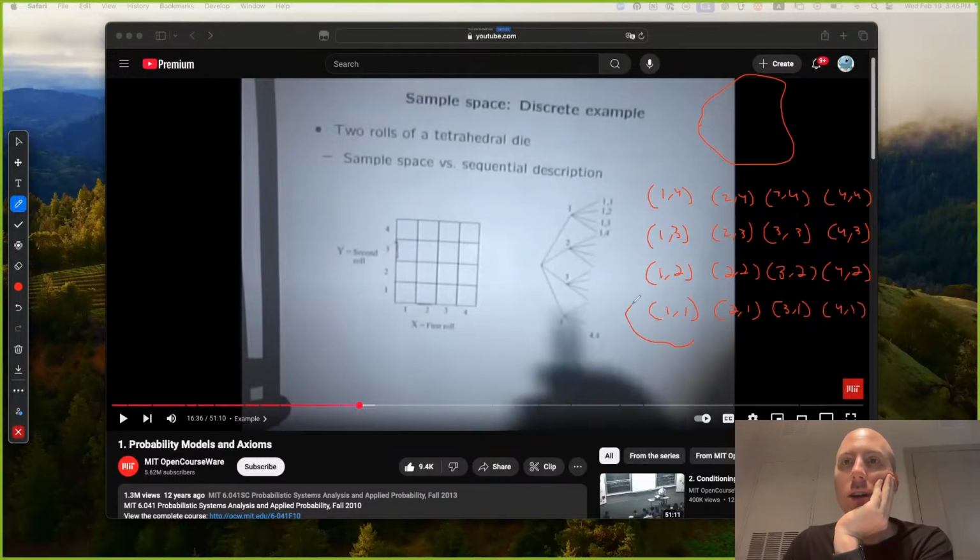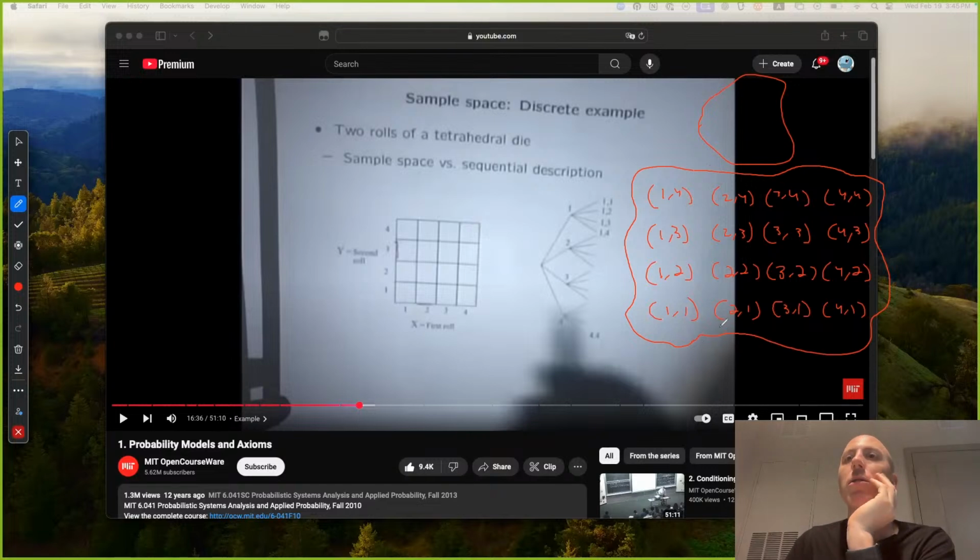You can think of it as the same sample space, but instead of them being all crisscrossed and ordered in whatever order, we've arranged them in a way that reflects some of the structure of how we know that they could come to be. So you go from completely unordered, like 2,1 up here, 3,2, 1,4, whatever, to this.